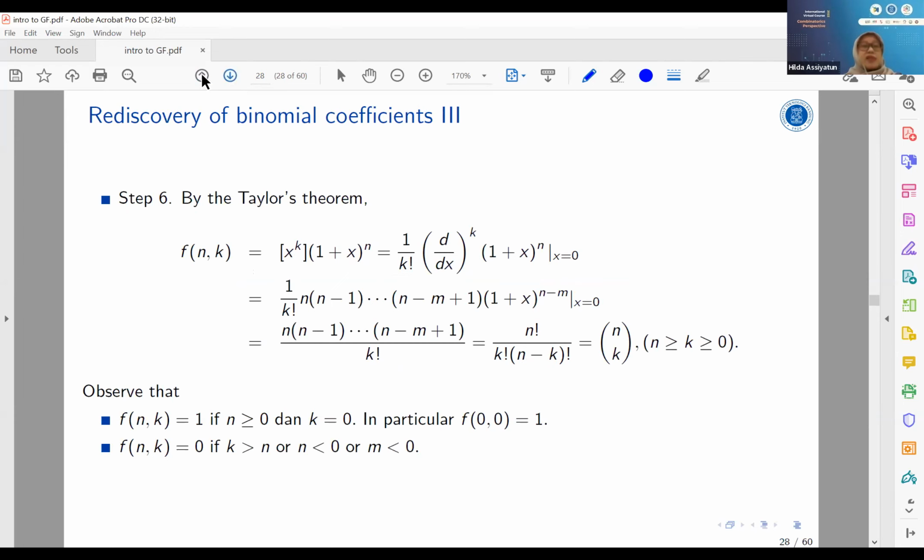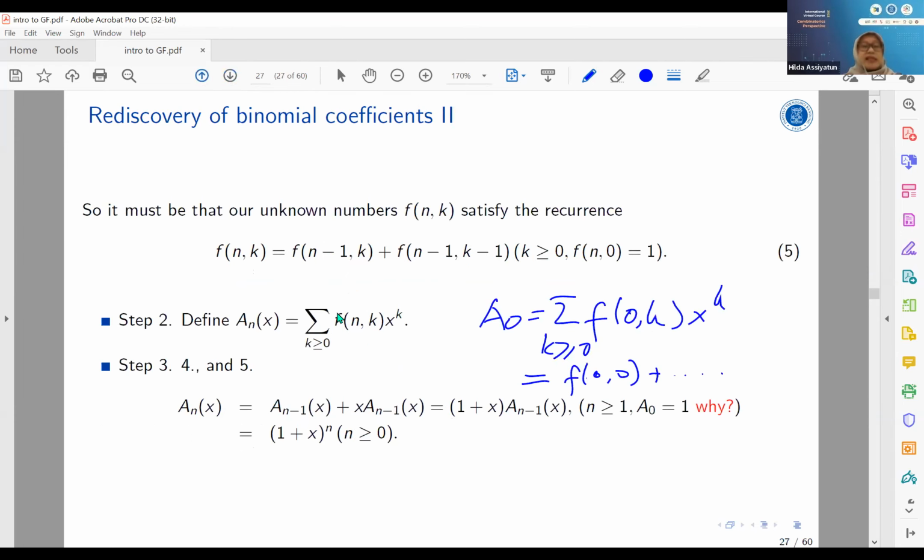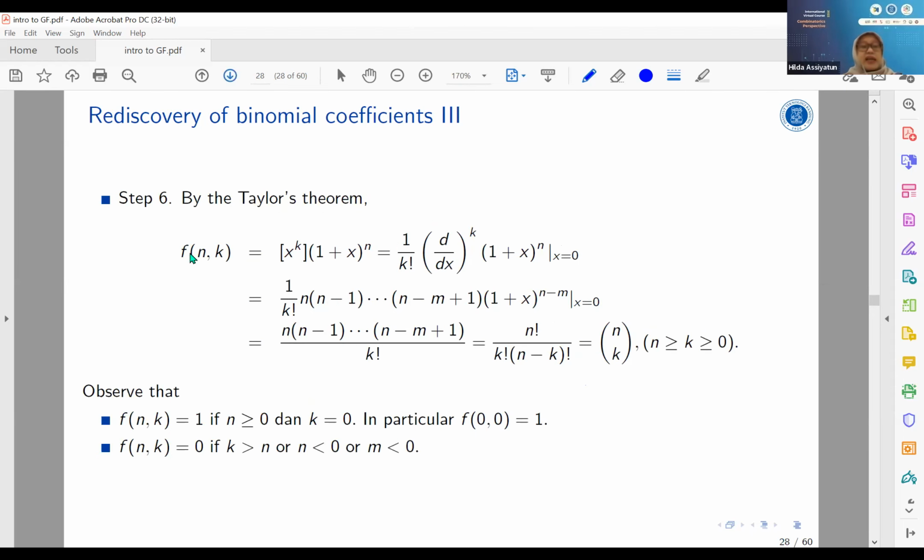By definition of the generating function, f n k is the coefficient of x to the k of a n x, which equals the k-th derivative of this function evaluated at x equals 0, divided by k factorial.